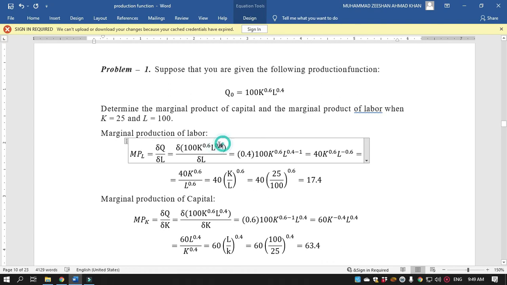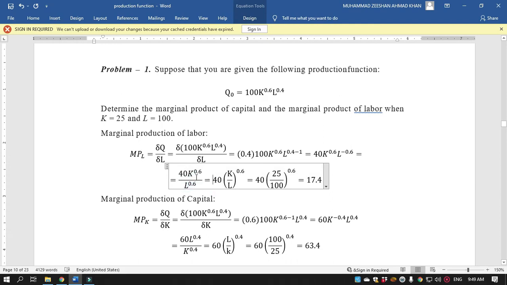Here you can see 0.4 is multiplied by 100, and 1 is subtracted from the 0.4. By solving this, we have 40 K raised to power 0.6 and L raised to power minus 0.6, because 100 is multiplied by 0.4. That L raised to power of minus 0.6 can be taken down into the denominator.